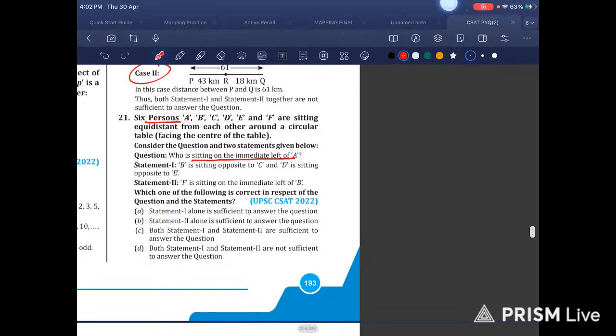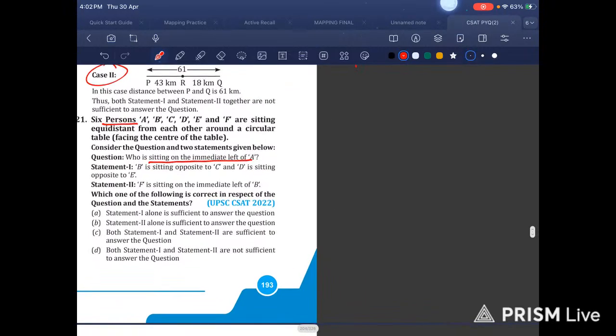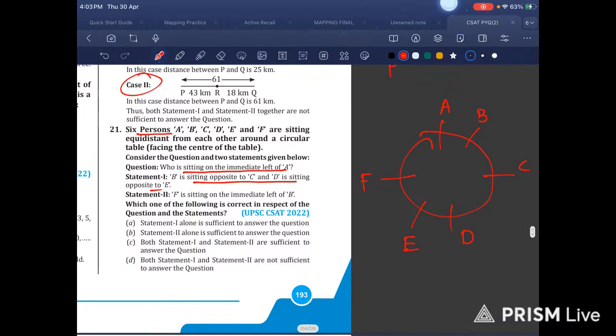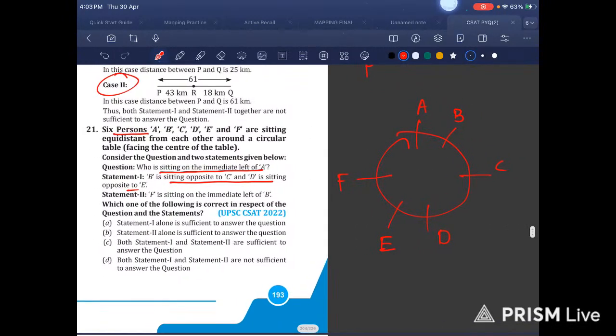B is sitting opposite to C and D is sitting opposite to E. There are how many persons? Six persons. So it will be like this: 1, 2, 3, 4, 5, 6.